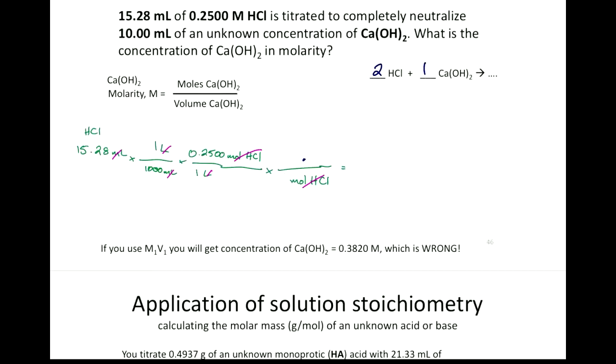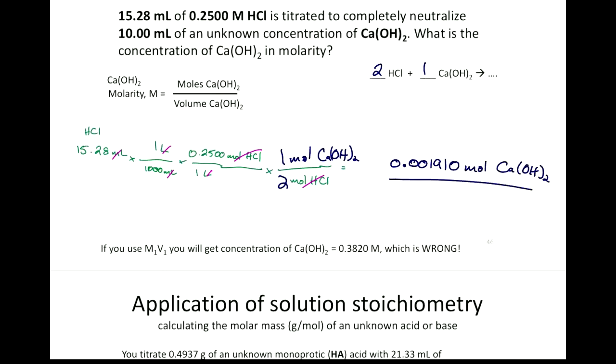There should be a 2 on the bottom. 2 moles of HCl is 1 mole of calcium hydroxide up top. And so what we get is that this solution, based upon the neutralization information, is 0.00191 moles of calcium hydroxide. And if you want molarity, then you just divide by that 10 milliliters, but make sure it's in liters.